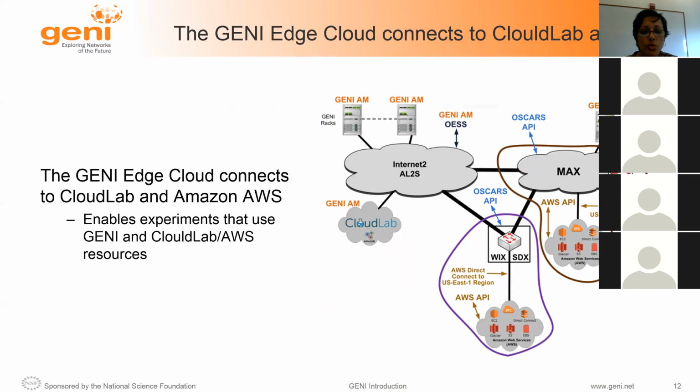CloudLab is one of two very large, also NSF funded networks. So GENI itself is funded by the National Science Foundation. It has been for about 10 years now, and it has really grown over these 10 years and continues to expand. But the NSF also has more recently funded two similar networks, CloudLab and Chameleon.